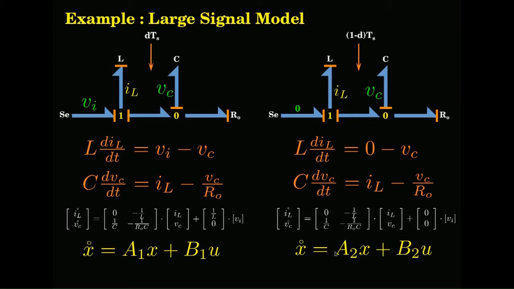So, A1 and A2 can be different. In this case, it turns out to be same, but in a general sense, A1 and A2 need not be same. And likewise, B1 and B2 will also not be same because the modes are different.